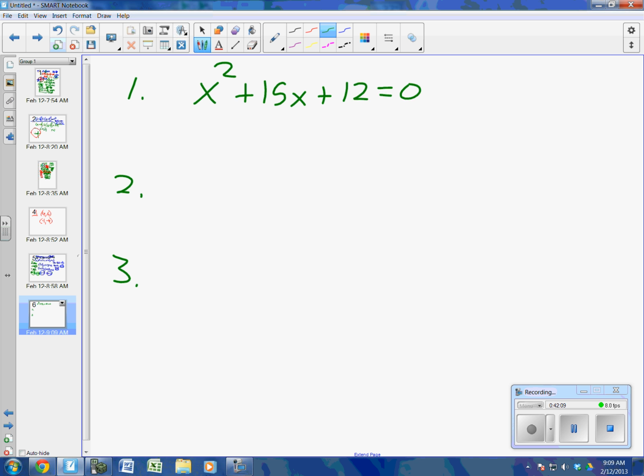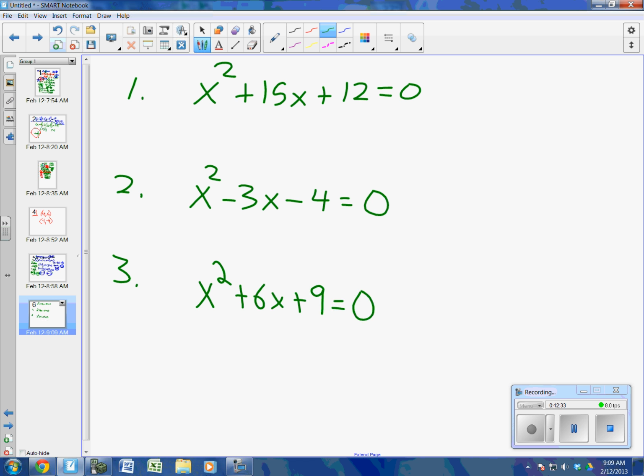This one right here is going to be x squared minus 3x minus 4 equals 0. And this one right here is going to be x squared plus 6x plus 9 equals 0.